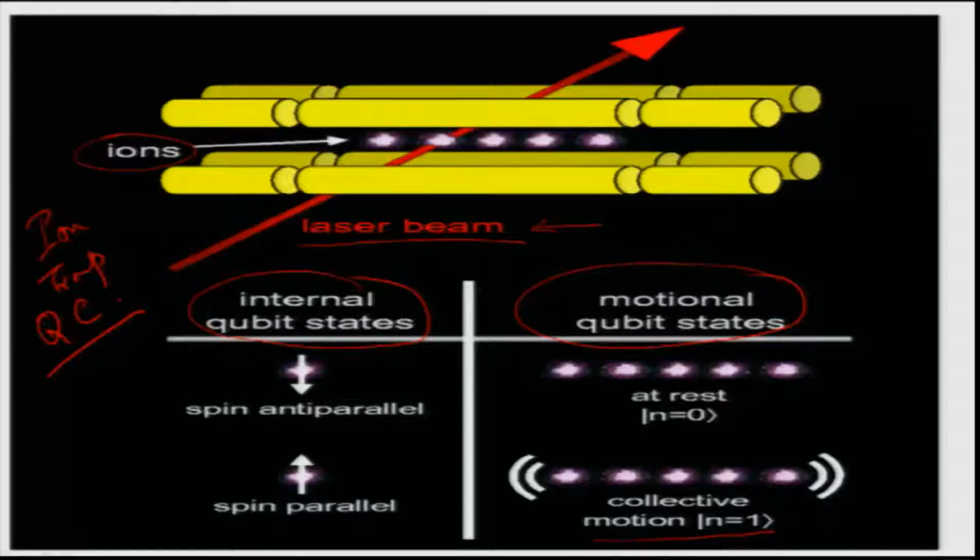But still, like in NMR, these are places where implementation has been attempted, and initial efforts to show that quantum computing can be implemented have been shown in both cases, although it requires heavy instrumentation.